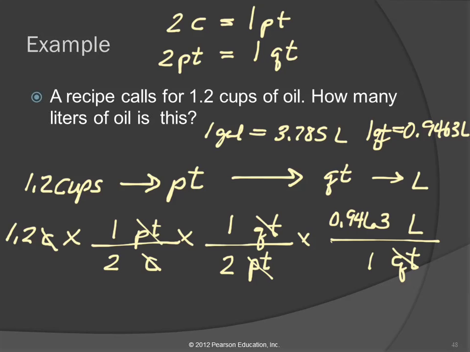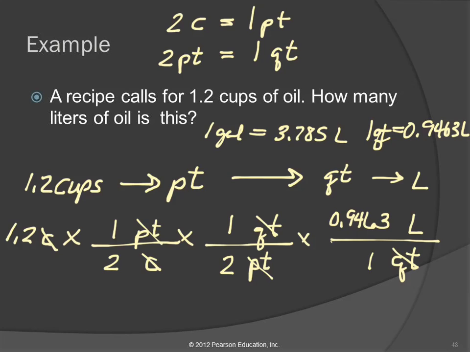Now, you just use your calculator. There's a lot of numbers here. So I strongly urge you to go left to right, top to bottom. So 1.2 times the top, divide by the bottom, times the top, divide by the bottom, times the top, divide by the bottom. That way you won't accidentally forget one. Some students do funky things.